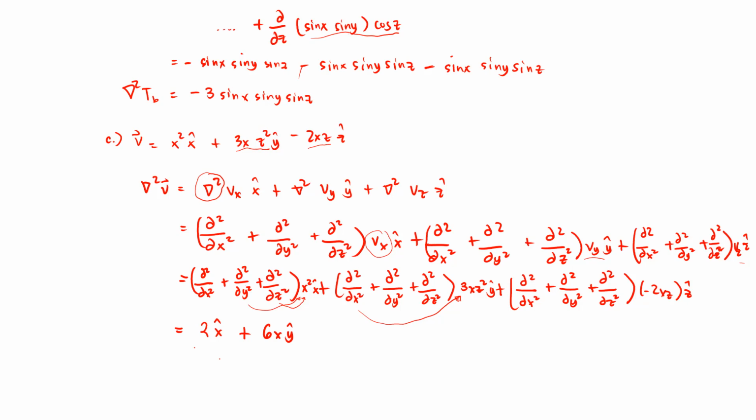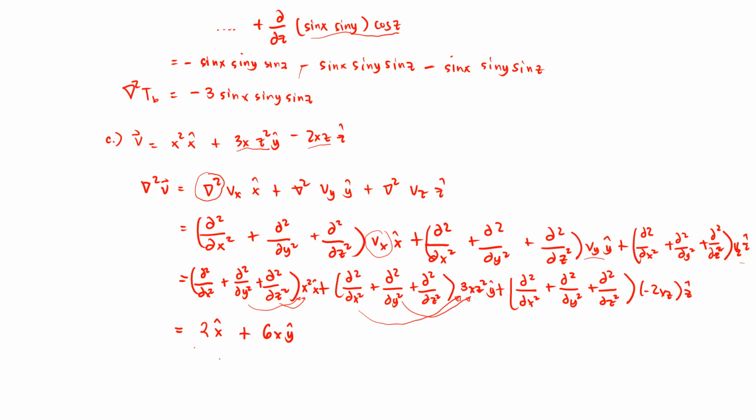Since there is no x left. And then this one, operating this on 3x z squared, we will get 0 since differentiating with respect to y, there is no y here. So we can treat this as constant. And the derivative of a constant is equal to 0.